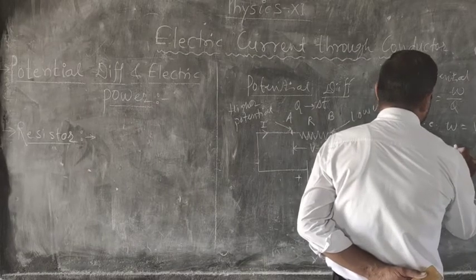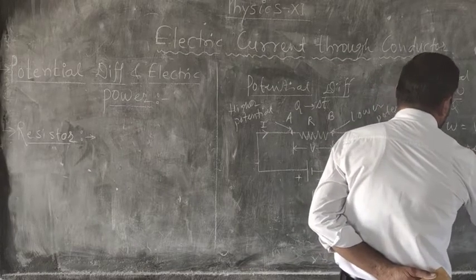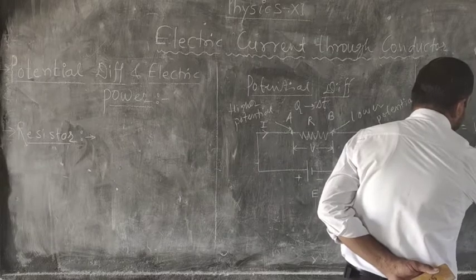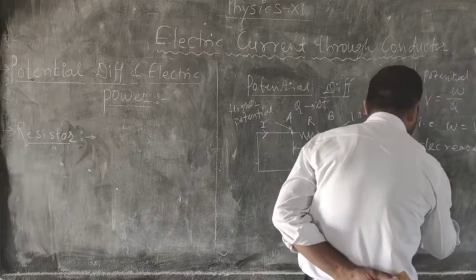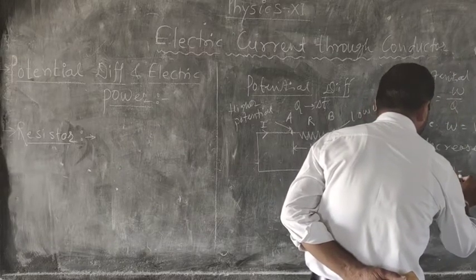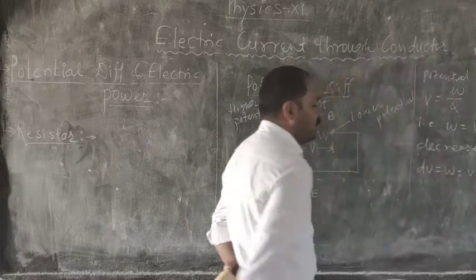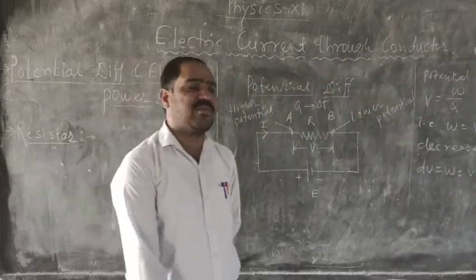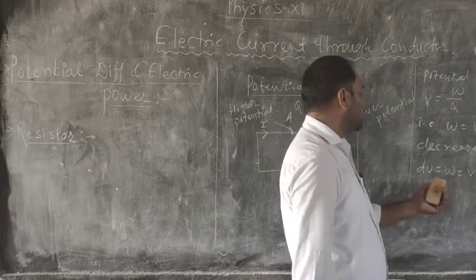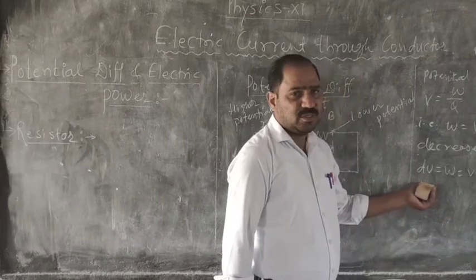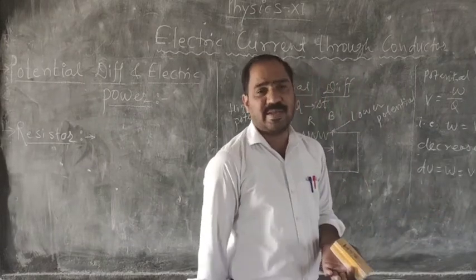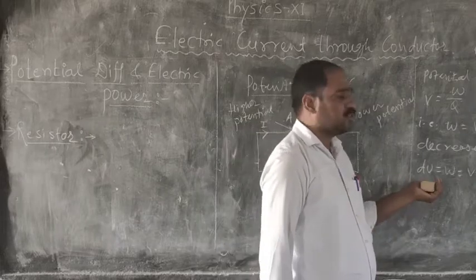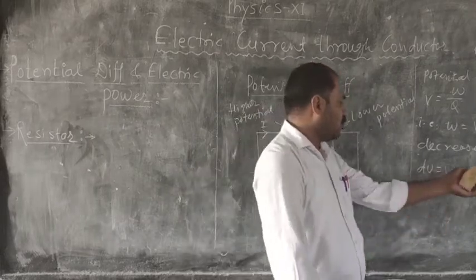Therefore decrease in potential energy is given by dU is equal to W is equal to V into Q. Means whatever may be the amount of the work done, that is called as the potential energy.